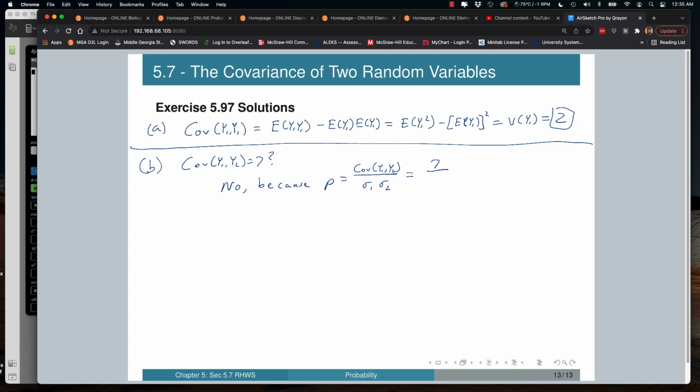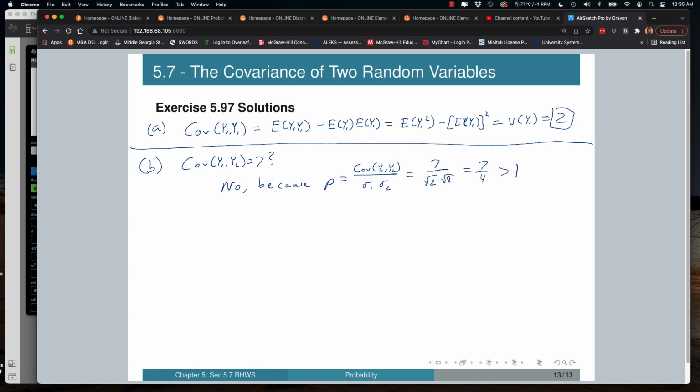The variance for y sub 1 was 2, so the square root of 2 would be the standard deviation for that, and it was 8. The variance for y sub 2 was 8, so the square root of 8 would give us the standard deviation. This turns out to be 7/4, which is greater than 1.